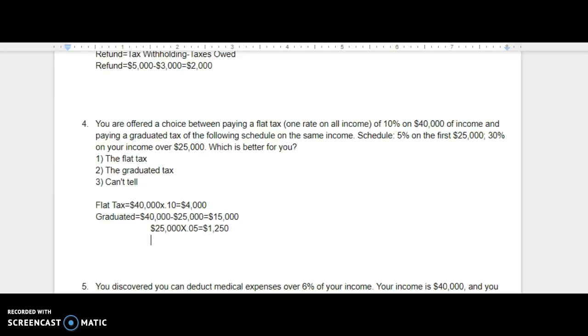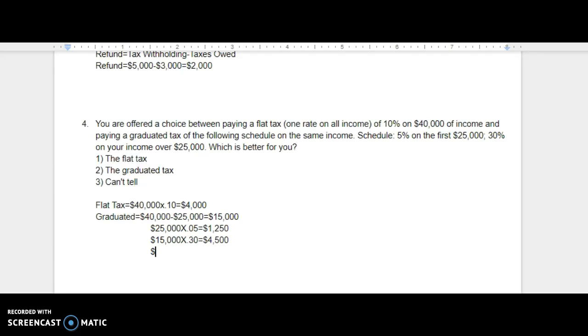Now remember, we still have $15,000 remaining, and that is going to be taxed at the higher rate of 30%. So let's take that 30%, change that to a decimal, 0.3, and multiply that by our remaining 15,000. So we've got 15,000 times 0.3. For this bracket we would have to pay $4,500. So remember, we have to add these two together.